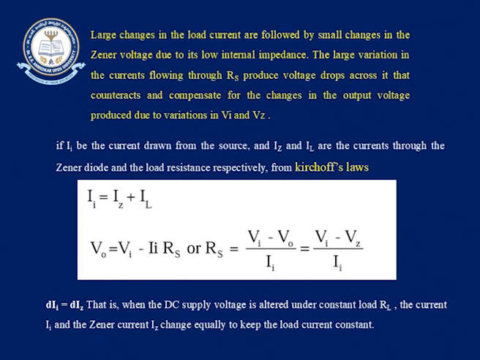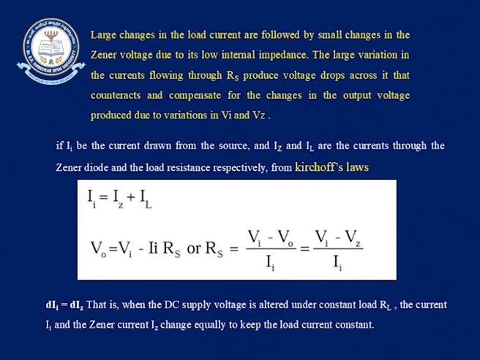Also, output voltage V naught equals Vi minus Is into RS, or you can simplify this equation, which gives the source resistance RS value as Vi minus V naught by Is as well as Vi minus Vz by Is. By simplifying this and doing the calculation, you get dIs equals dIz, the change in the input current equals the change in the current across the ZNR diode.